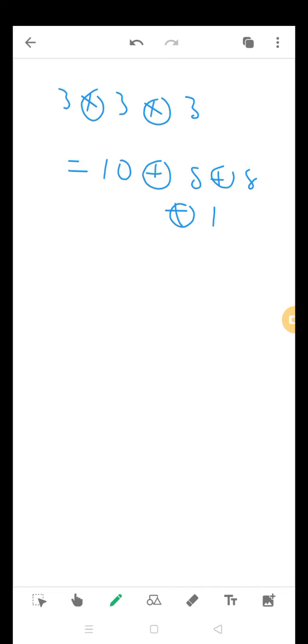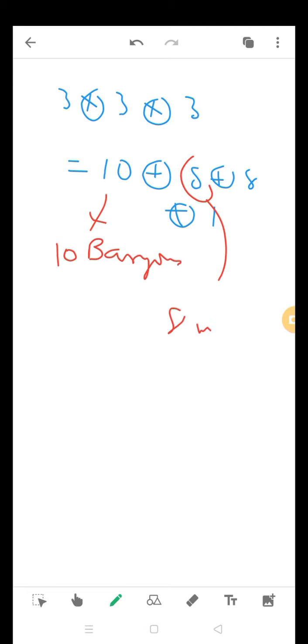The 10 represents the 10 baryons, and the 8 represents the 8 mesons.